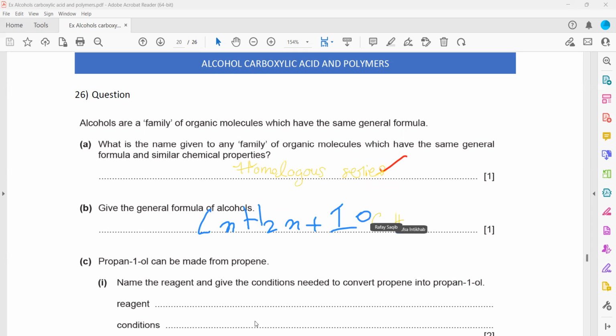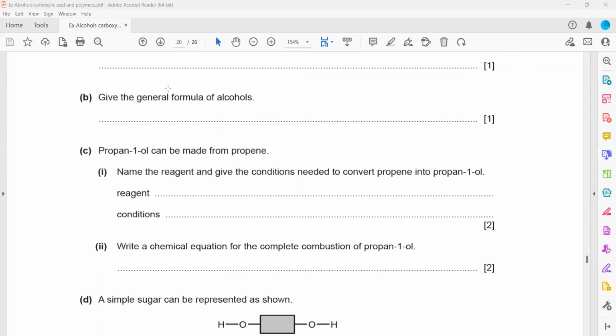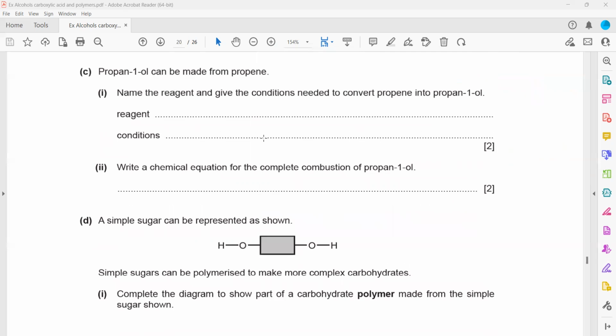You can say CnH2n+1OH, or you can also say CnH2n+2O. Both are correct, same thing. So learn the general formula for alkanes, alkenes, alcohols, and carboxylic acids.